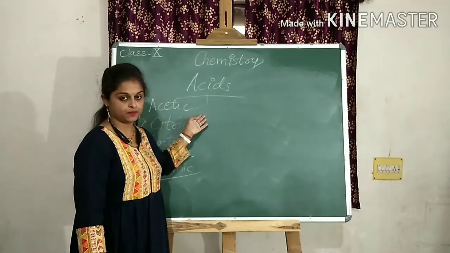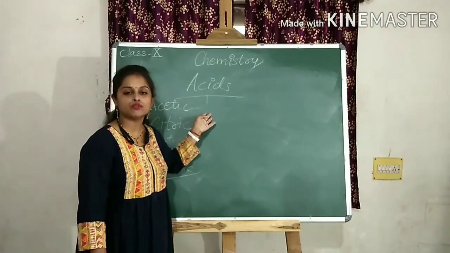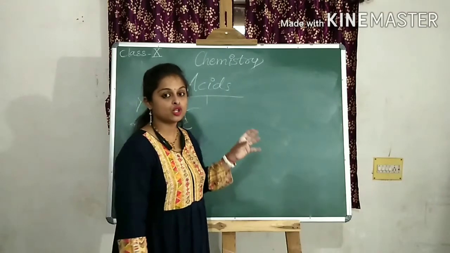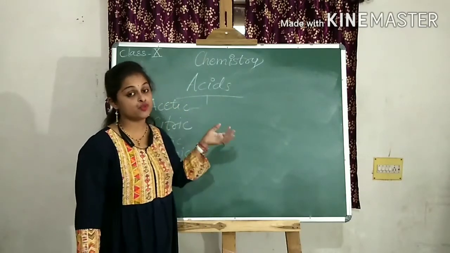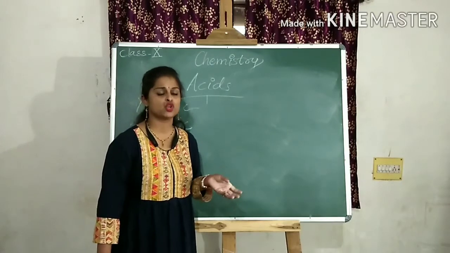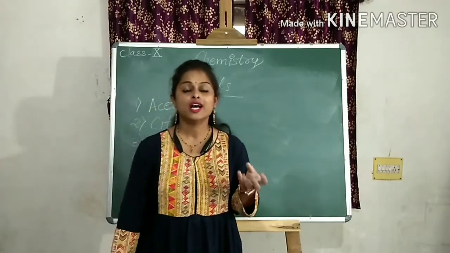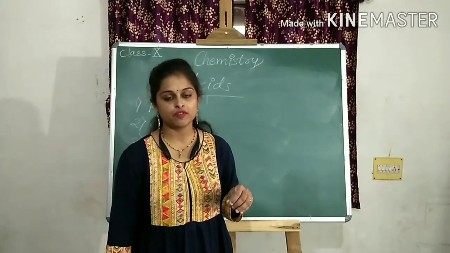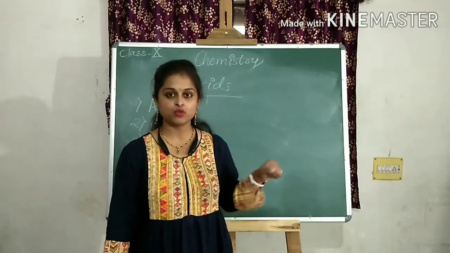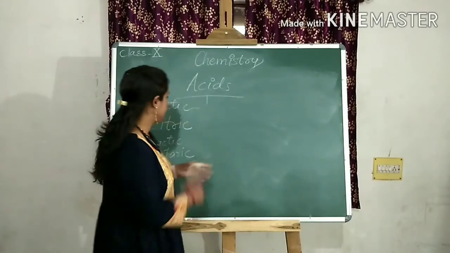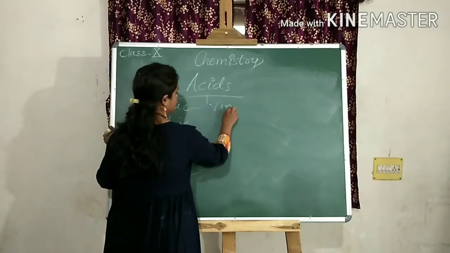Acetic acid is present in the form of vinegar. Vinegar, matlab sirka. It is present in vinegar which we use for cooking our Chinese food. In some heavy special kinds of sabjis also, people use vinegar. For cleaning bathrooms also, people use sirka, that is vinegar.